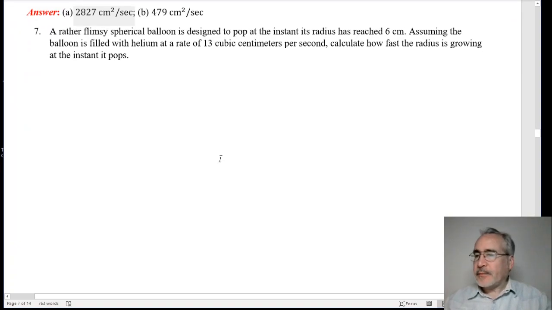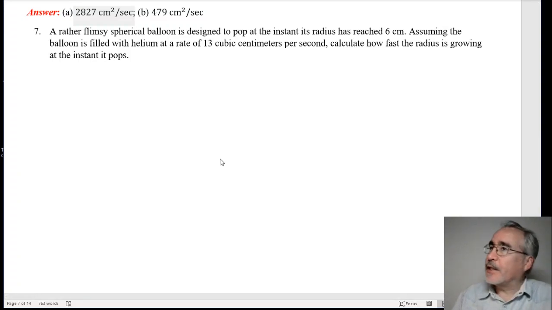Number 7. A rather flimsy spherical balloon, so we're going to need the volume of a sphere, is designed to pop at the instant its radius has reached 6 centimeters. Assuming the balloon is filled with helium at a rate of 13 cubic centimeters per second, so this is a change in volume, calculate how fast the radius is growing at the instant it pops.